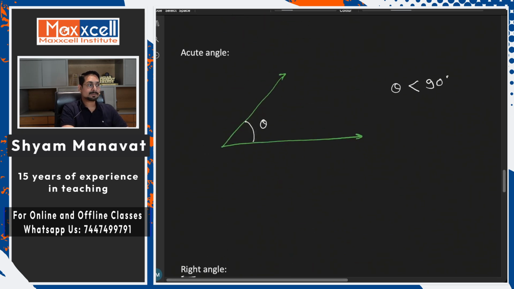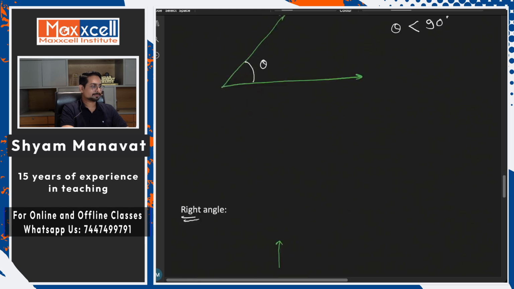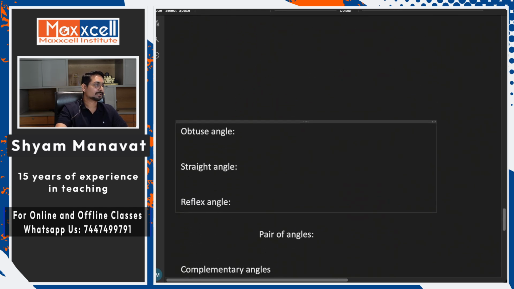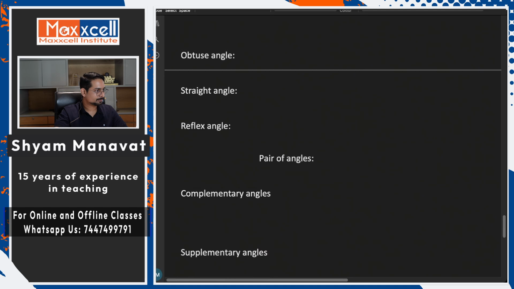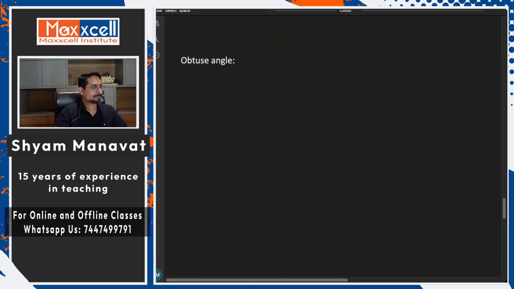It forms less than 90 degrees. Okay. अच्छा, अभी ऑब्ट्यूज एंगल क्या होता है? Let's see the obtuse angle. When two rays are forming an angle which is more than 90 degrees, ये हो गया आपका more than 90 degrees.